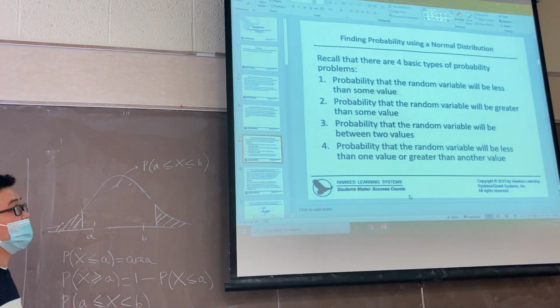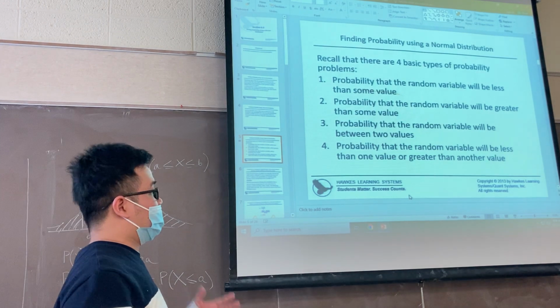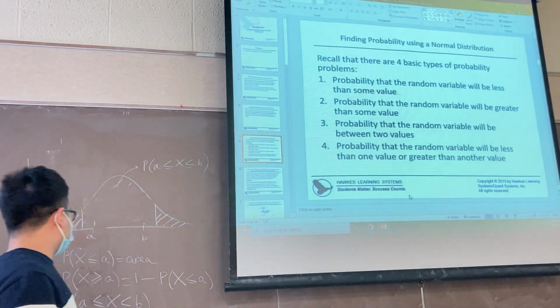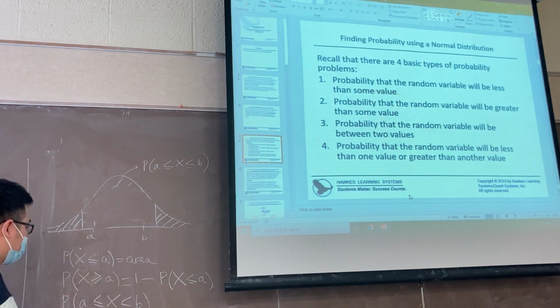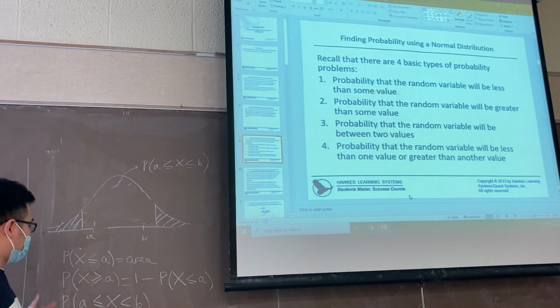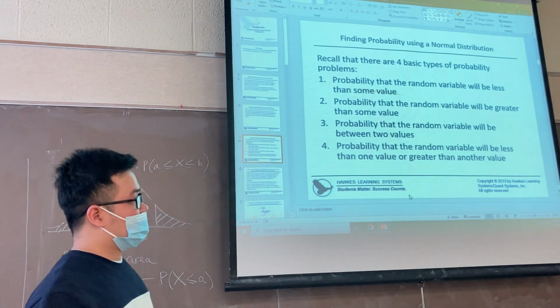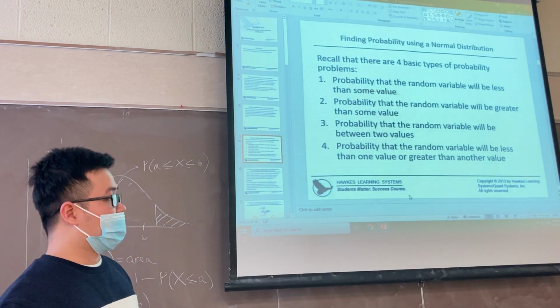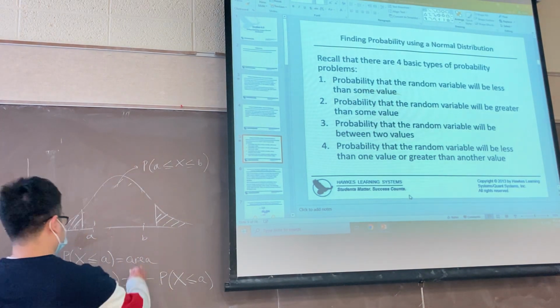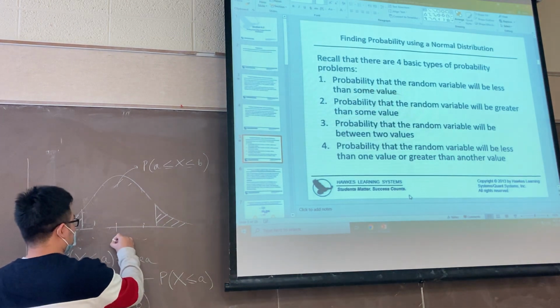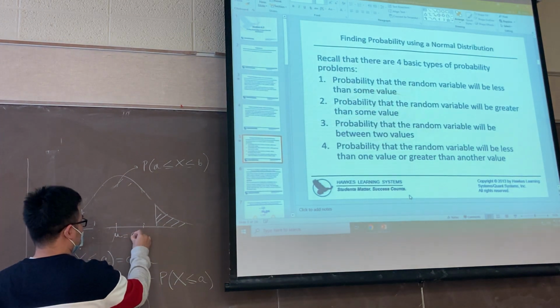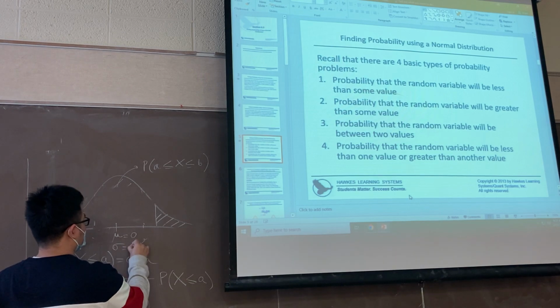We have four kinds of probabilities, and I told you how to calculate them in the previous class for the standard normal distribution, where mu equals 0 and sigma equals 1.